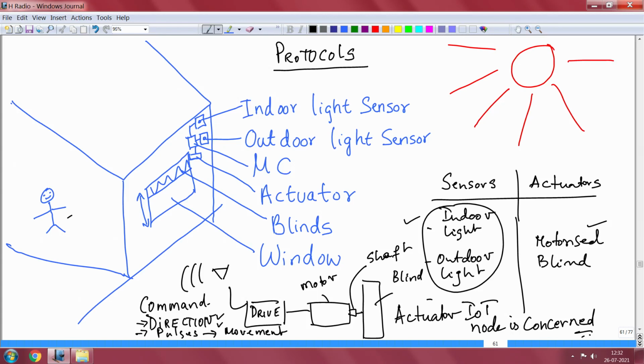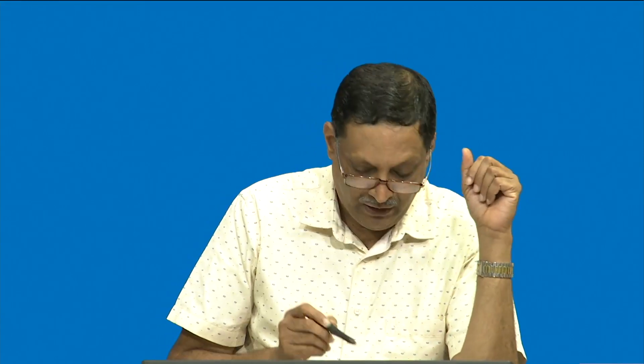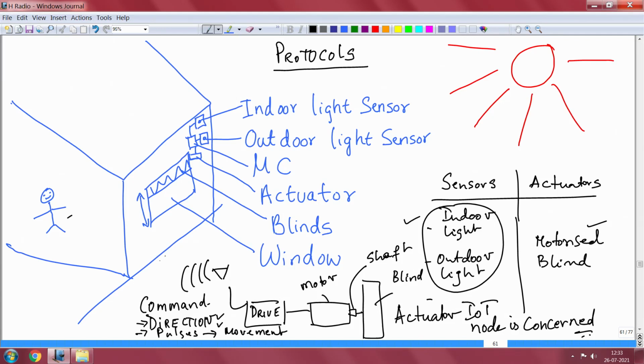Okay. So, that is the game, that is how you build your IoT node, and as I said, you will have to feed it 2 inputs, and those 2 inputs can come from this wireless link. First input can come from indoor light, this is the first one. Second one can be outdoor light.